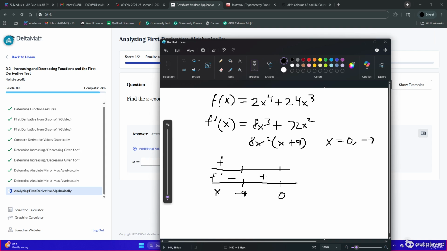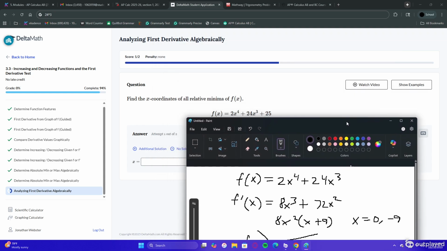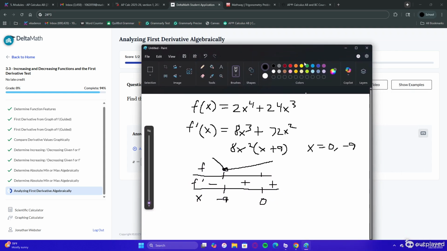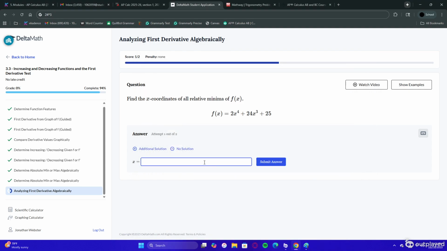And plugging in values here and here, you get positive. So go from decreasing to increasing. And that's a relative min right there. And remember, if they ask you for a relative max, then it would just look like this instead of like this. So relative min at x equals negative 9.